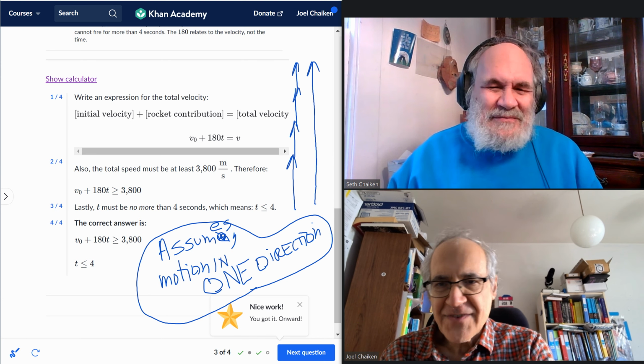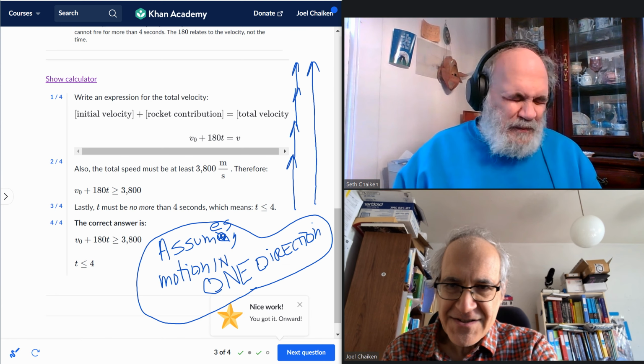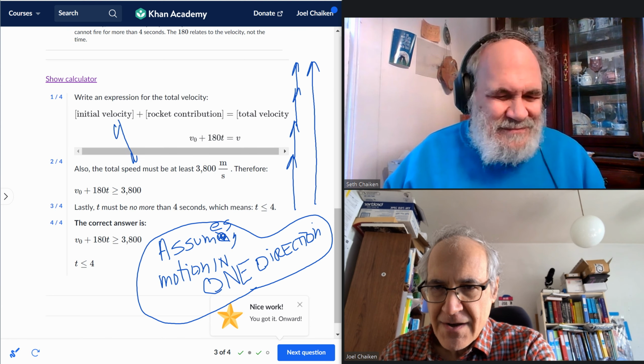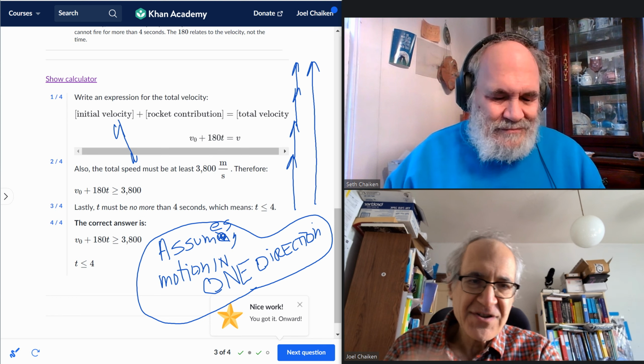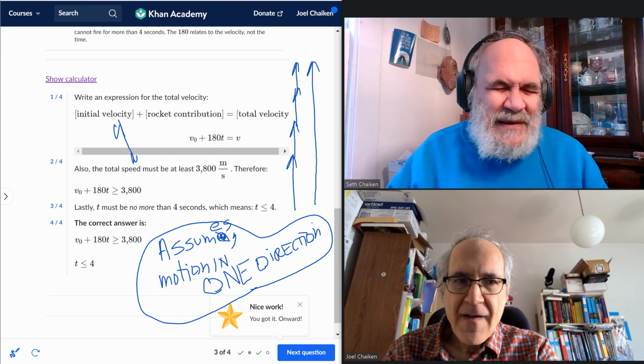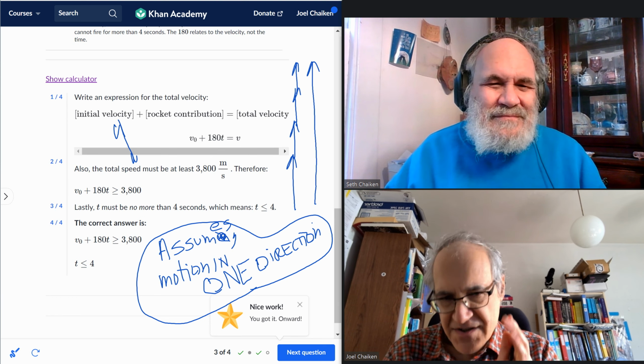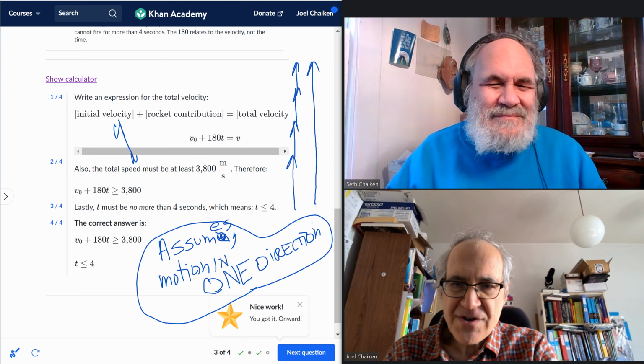So therefore, all of the stuff about speed and velocity is really sloppy. Because if it's in one direction, the speed is equal to the velocity, assuming it continues to go in one direction and doesn't reverse.